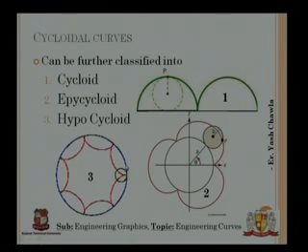For hypocycloid there is a slight difference from epicycloid. In the hypocycloid, the circle rotates in the interior of this circle rather than on the exterior. So this circle is rotating on this blue circle and has a point P which traces this red curve, which will be named hypocycloid.